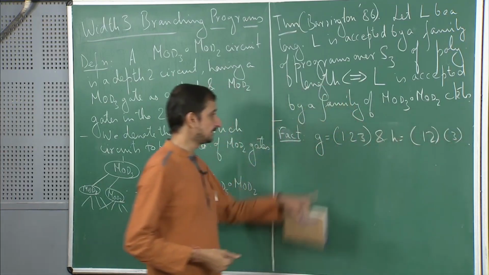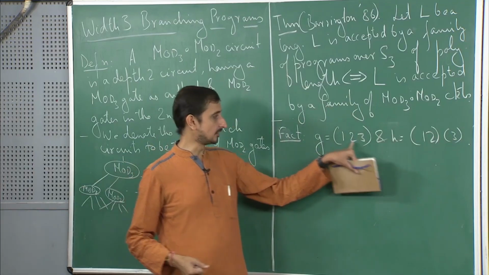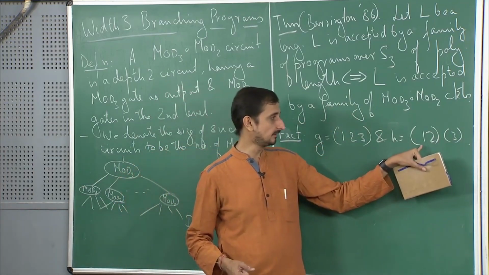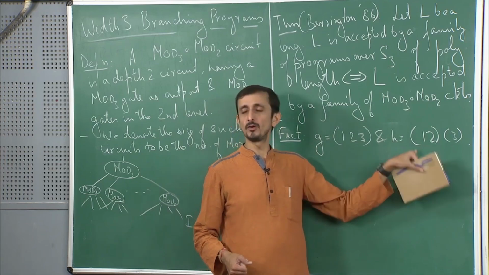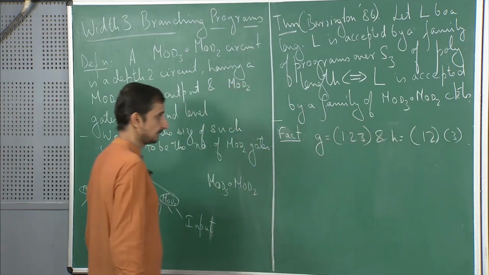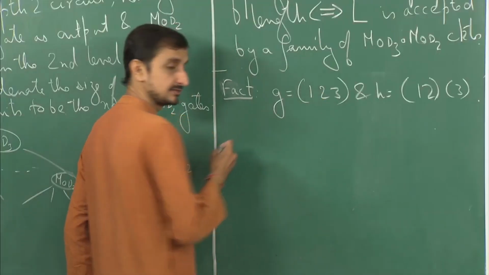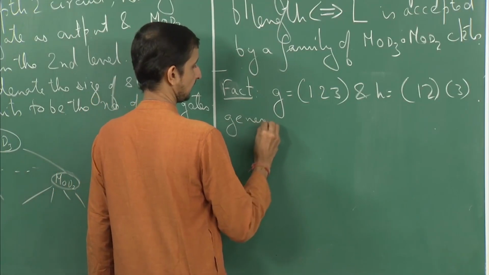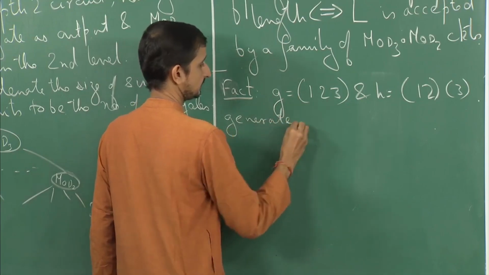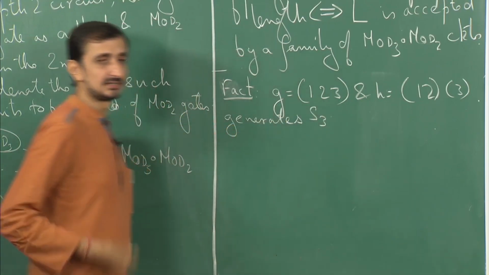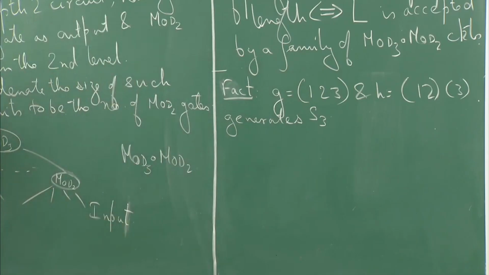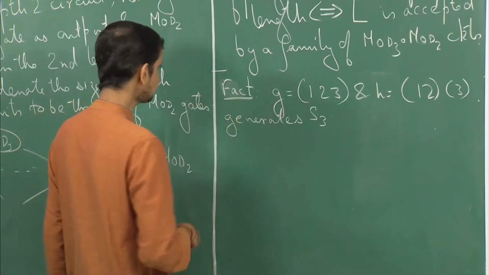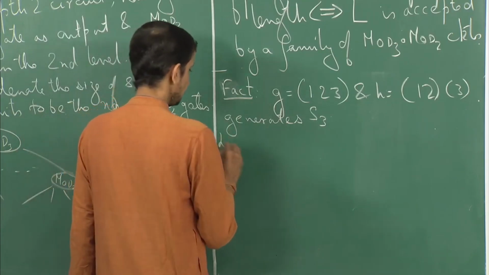This notation means that G is the cyclic permutation of order 3, where 1 is mapped to 2, 2 is mapped to 3, and 3 is mapped to 1, and H is the transposition which maps 1 to 2 and 2 to 1, with 3 mapped to itself. What can we say about these two? G and H generate S3. In other words, any element in S3 can be written as a product of G and H.